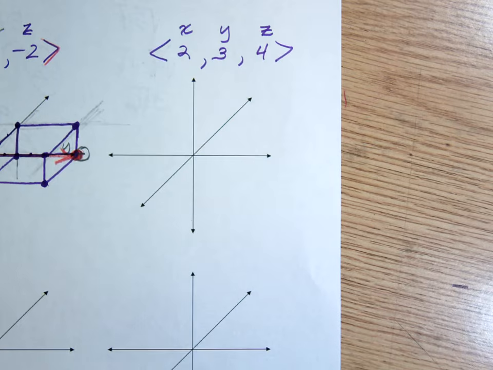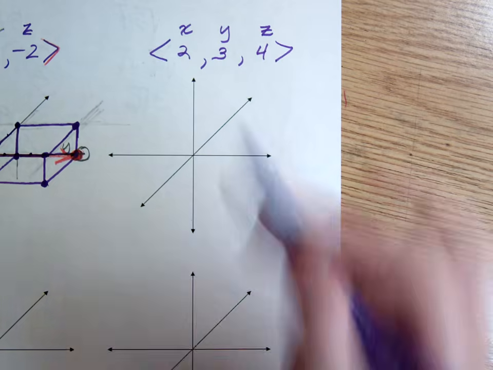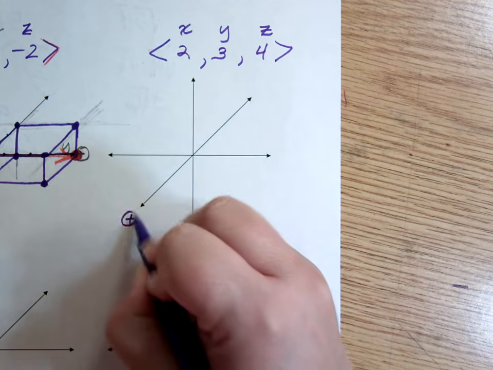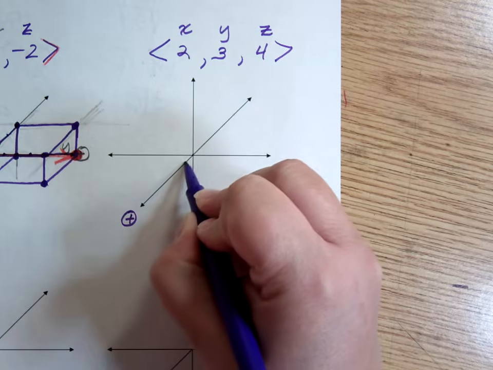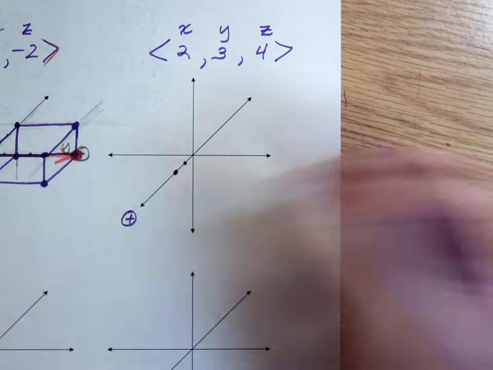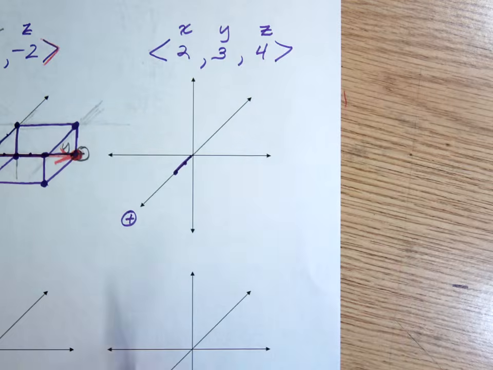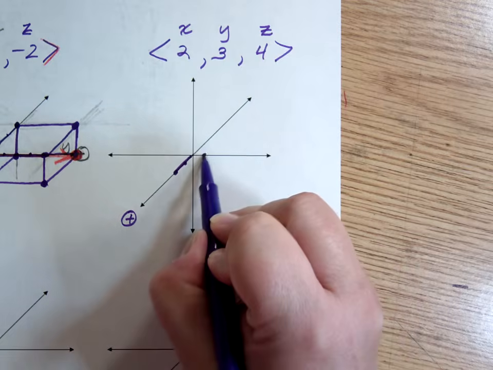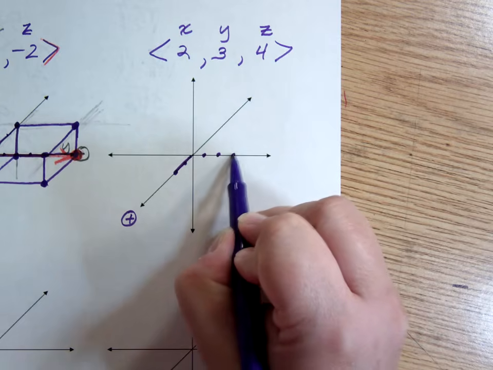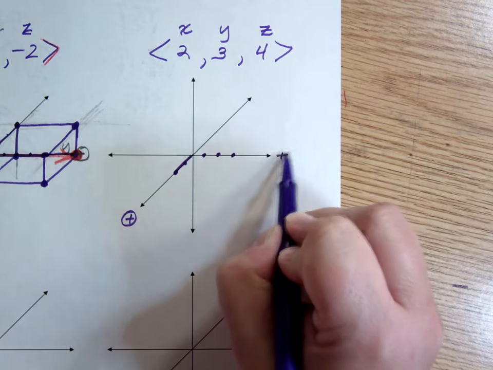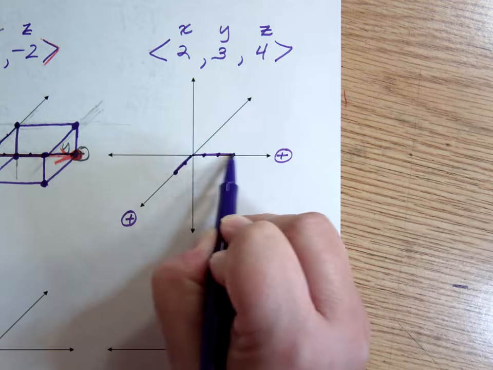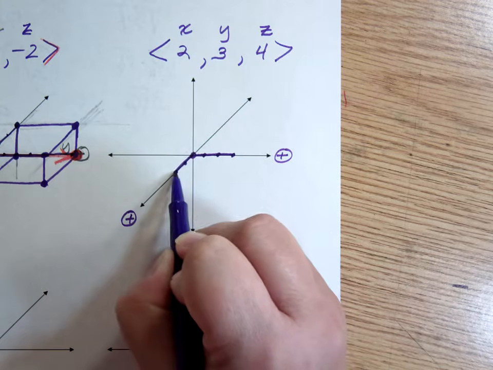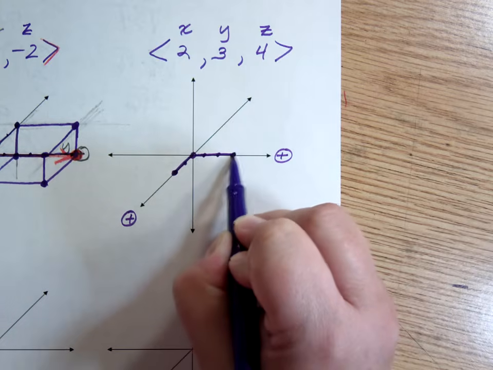Okay, so X is 2. This is the positive direction. So I'm going to come 1, 2 forward on the x-axis. This is one side of my parallelogram. I'm going to go 1, 2, 3 in the positive direction on the y-axis. That's another side of my parallelogram. So now I have 3 points out of 4.